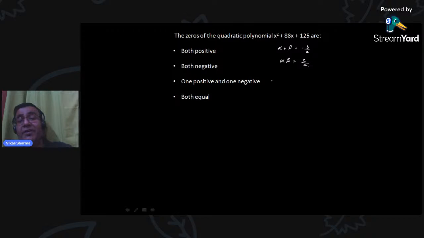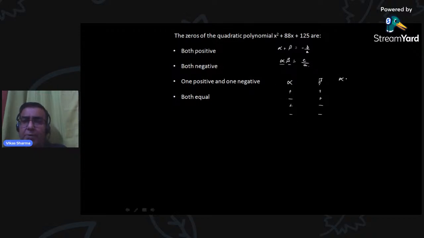Now think about it: we have got two roots. The possibilities are that both are positive, alpha is negative and beta is positive, alpha is positive and beta is negative, or both are negative. So these are the four possibilities that we have.